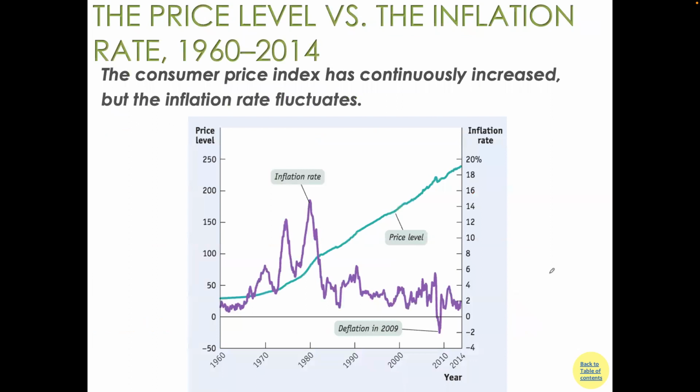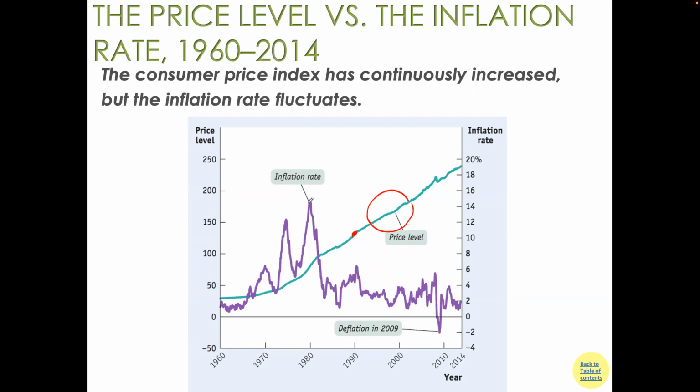Right. And this is how the actual data looks. This green line is the price level. Again, to review how we calculate the price level: essentially, we just keep track of the cost of a basket, right? That's how we get the price level. Now, the inflation rate essentially is a percentage change of price level from one year to the other year.